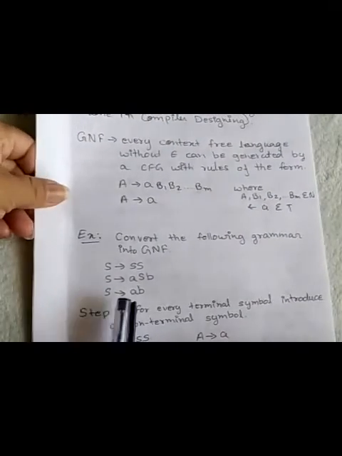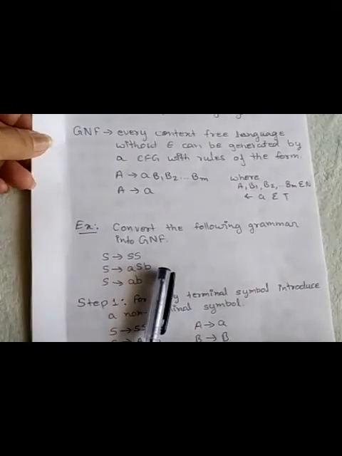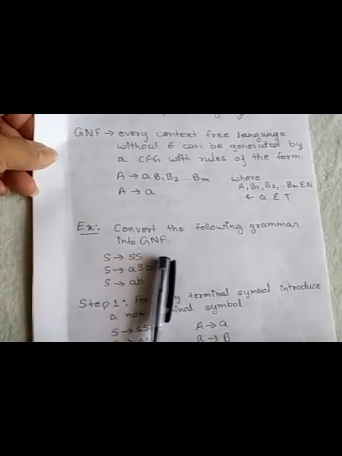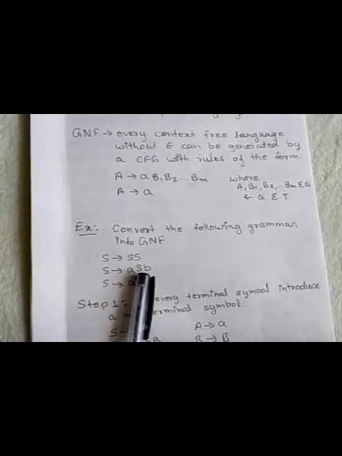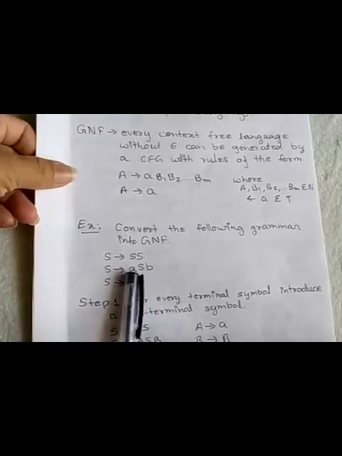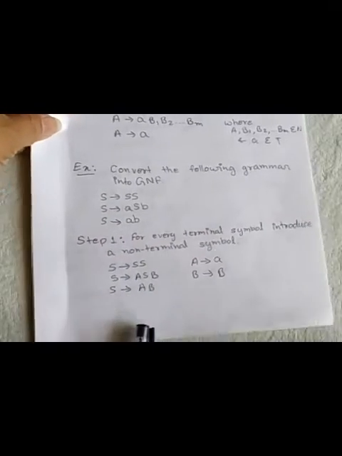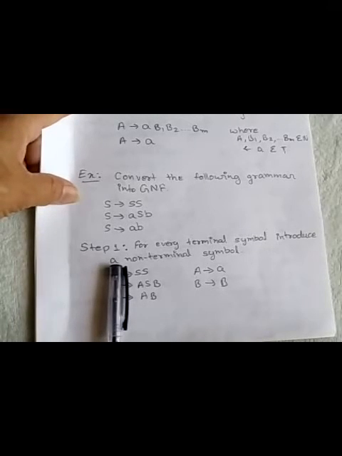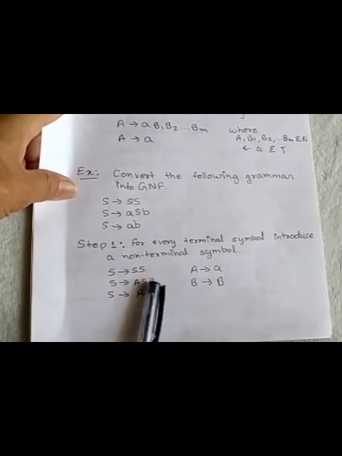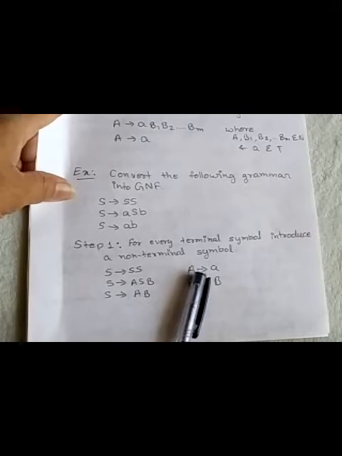Now let's take an example here. Convert the following grammar into Greibach normal form. To convert any grammar into Greibach normal form, there are 5 steps. Let's see all these steps one by one. The first step is, as we did in Chomsky normal form, for every terminal symbol introduce a non-terminal symbol.